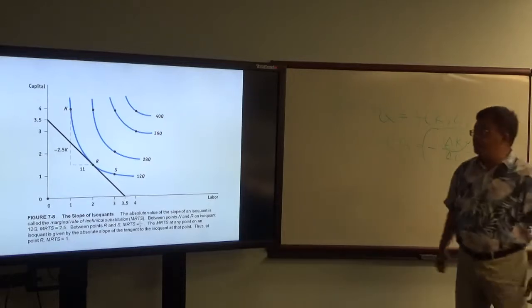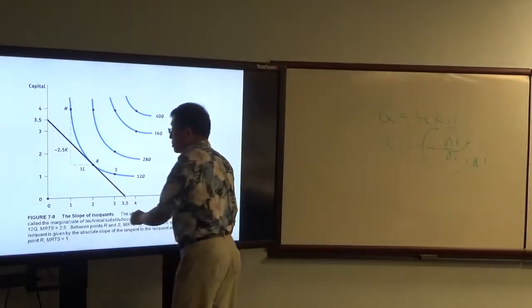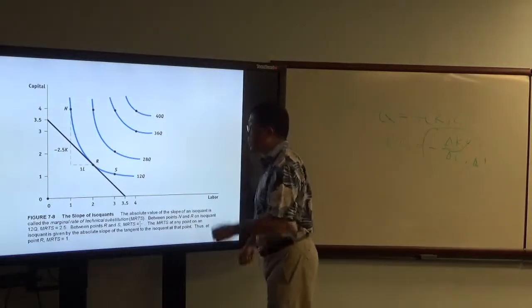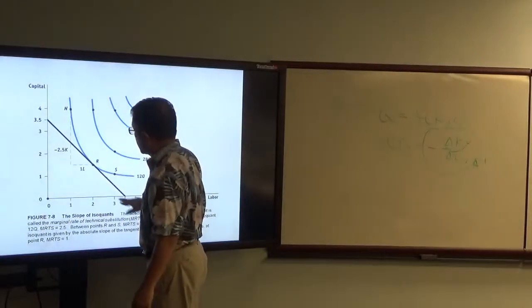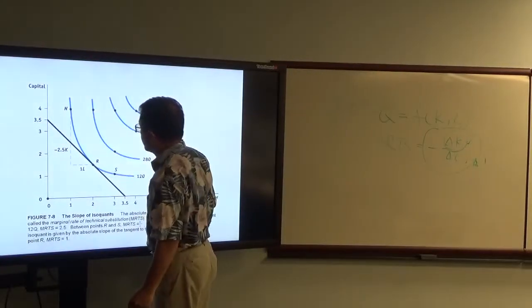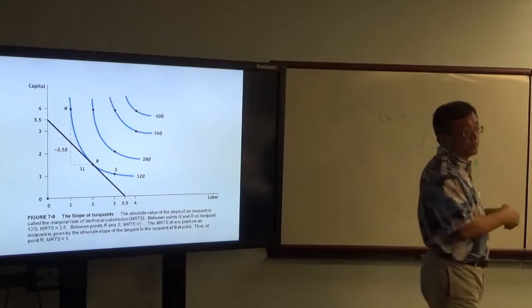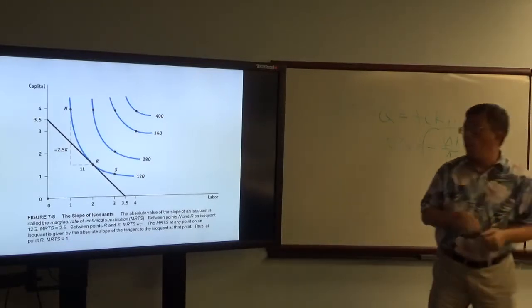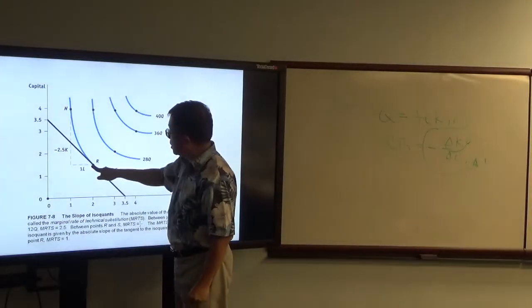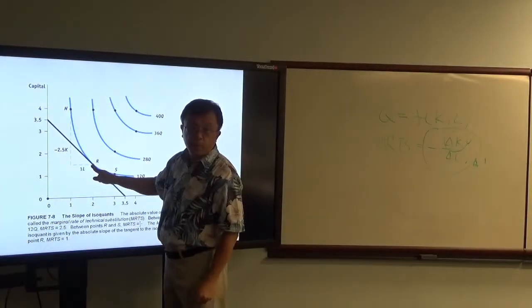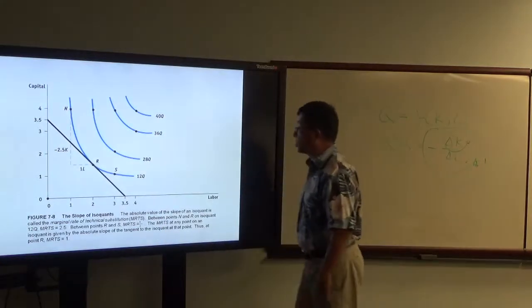So now, given this budget, what is the highest level of output the company can produce? Or, in other words, given this output level, what's the minimum cost for the company to produce this level of output?